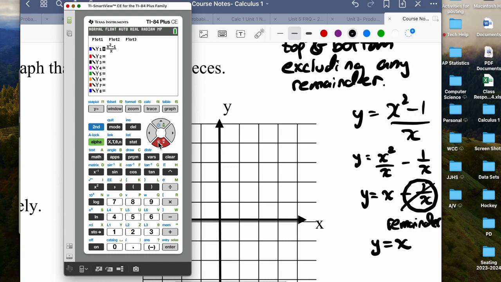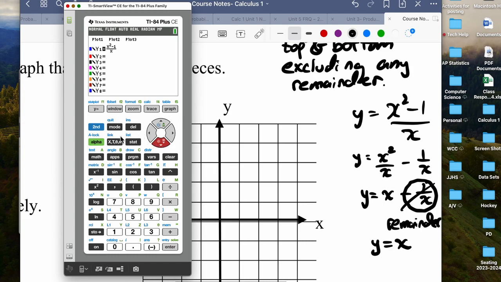It's always in the form of y equals, so I can't graph a vertical line. I can draw a vertical line, but graphing it is not something this calculator can handle. Pretty much every other calculator can. You could do it using parametrics, but that's more of a Calc 2 thing.